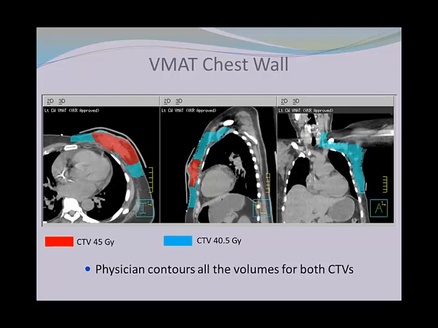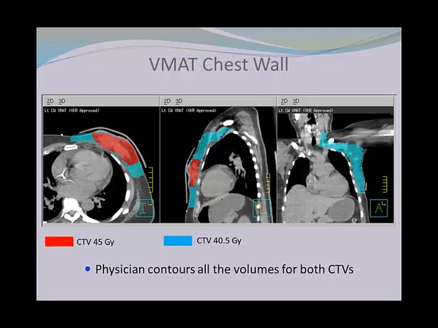The one thing with breast walls or breasts is that the physician needs to contour all the walls that he or she wants to cover with whatever prescription dose they want. So in addition to the contours, we would contour the heart, the right and left lungs, create a total lung, and in this case I also contoured the cord.